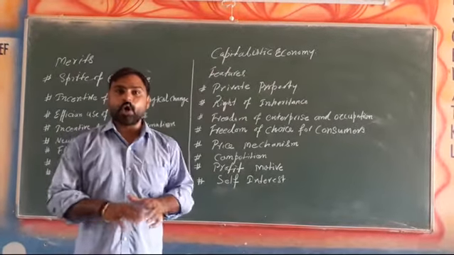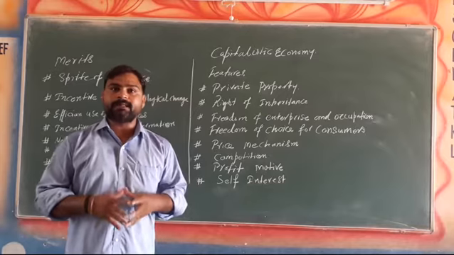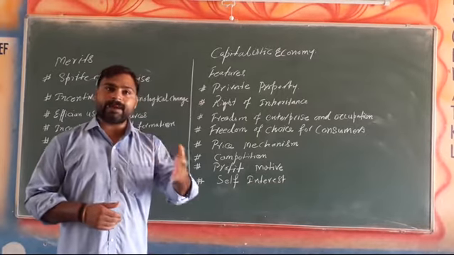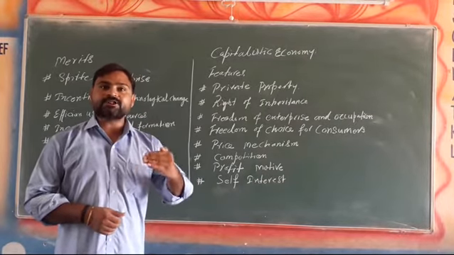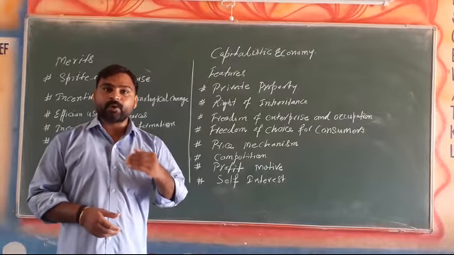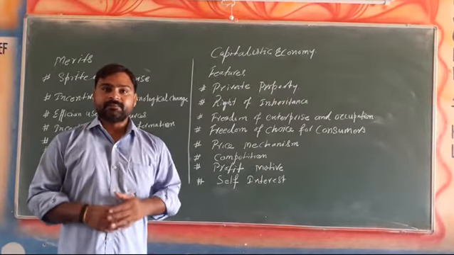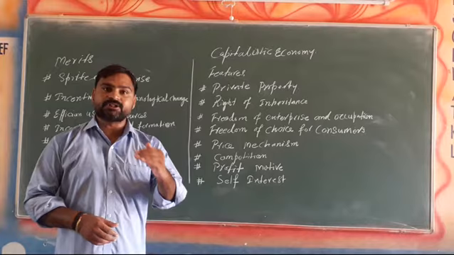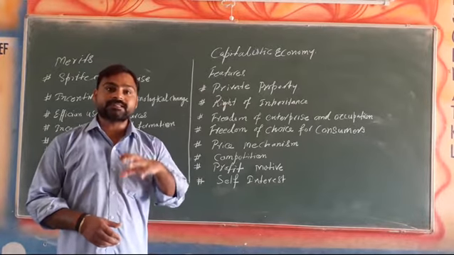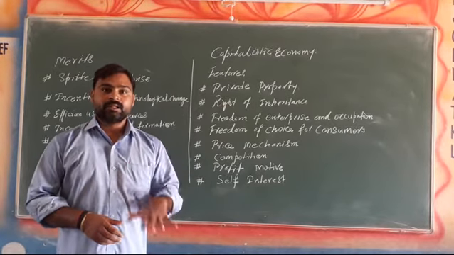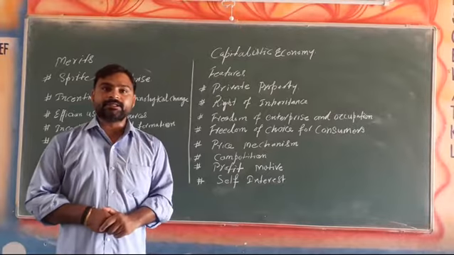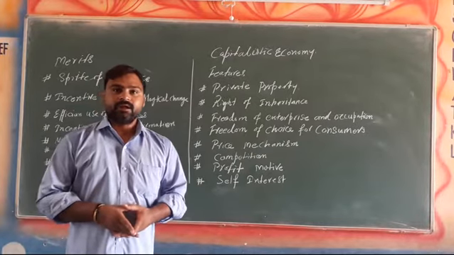All the economic activities which are done by the producers or by the private individuals in a capitalist economy are for the sake of their self-interest. Means every individual in a capitalist economy has their own self-interest. They perform the activities for their self-interest.